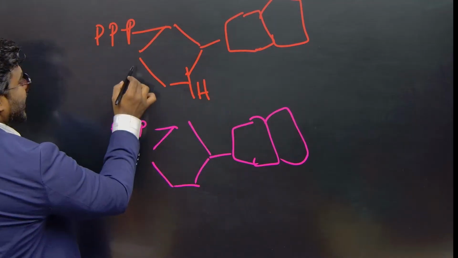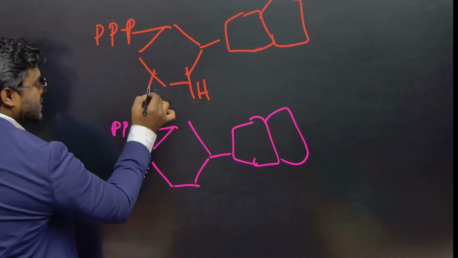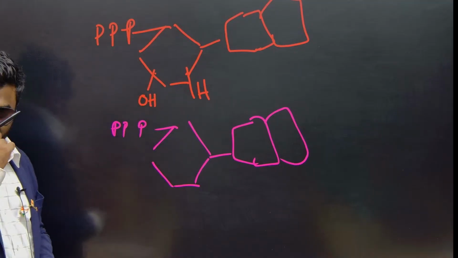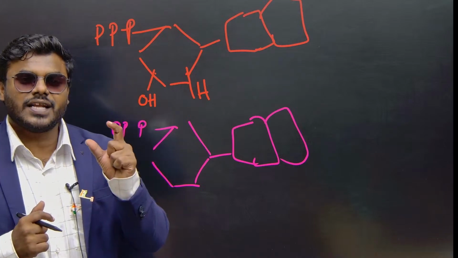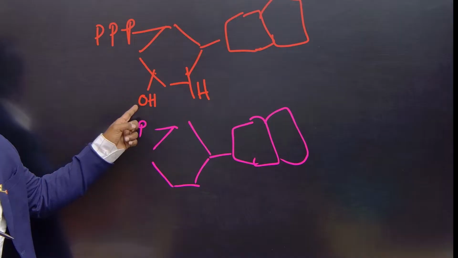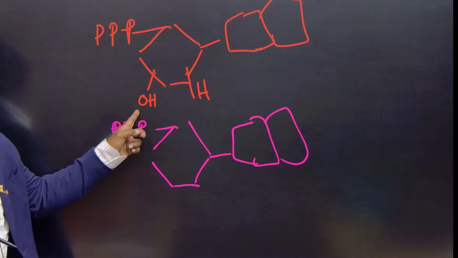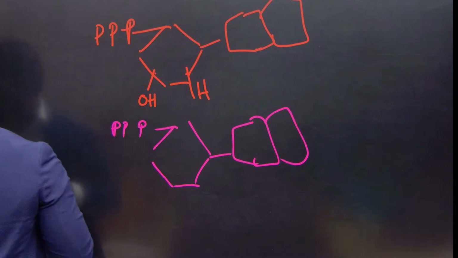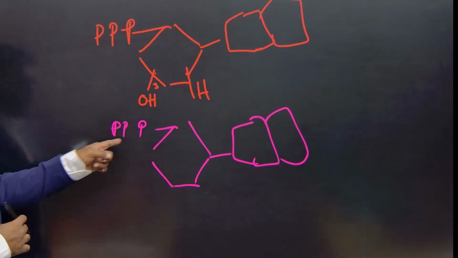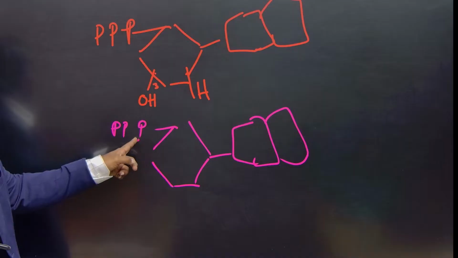Whether it is DNA or RNA, what does the third carbon contain, friends? OH group. Correct? What is the definition of a carbohydrate? Polyhydroxy, because carbohydrates contain many OH groups. So now at the third position, what group is present, friends? OH group. Now tell me, phosphate groups are present at which position?